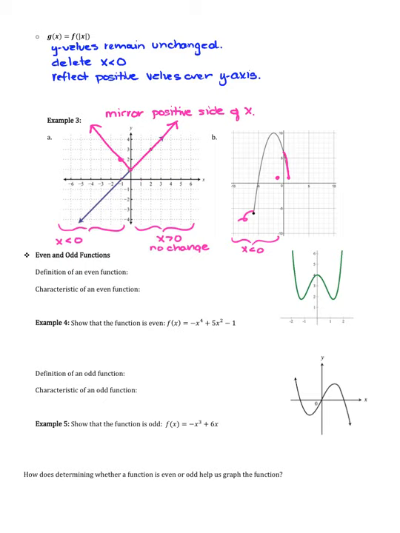So you're only mirroring what exists on that positive side. This part of it is finito. So over here, what we have is limited by the domain on the positive side, the domain where x is greater than 0. Everything else just goes away.